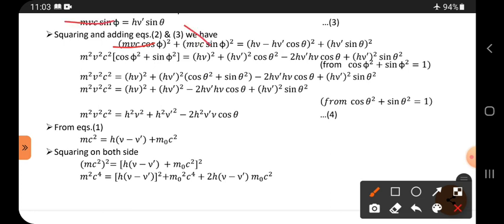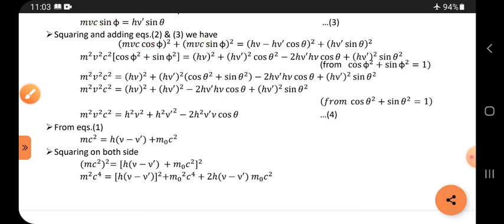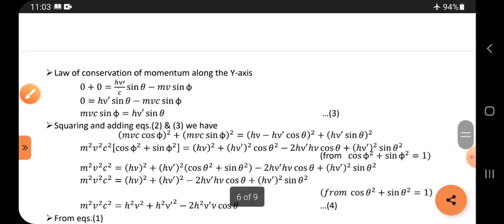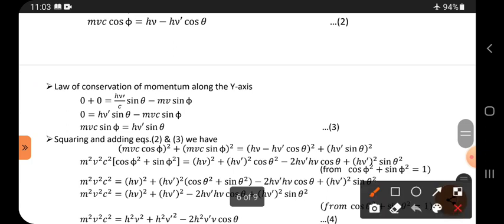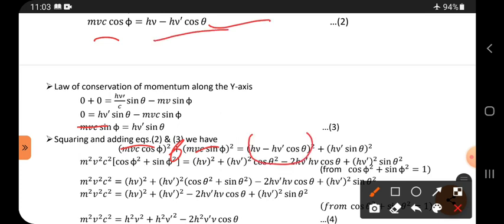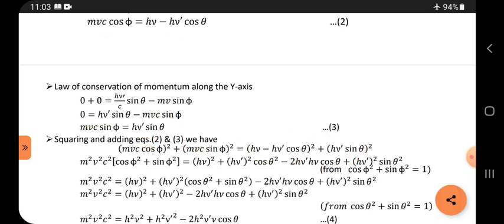Left side, right side. Now left side values, square them and add. Squared and here plus added, and the right side terms are squared, plus this is also squared, and plus is done.